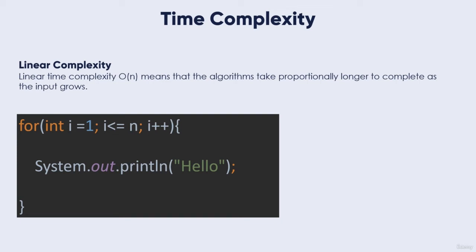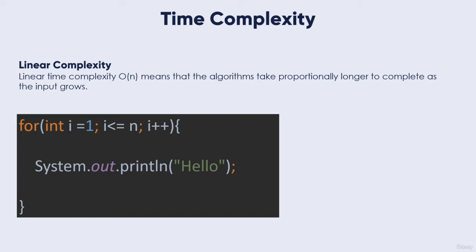So this loop will go from 1 to n. It will be repeated n times. So if I enter n equal to 10, this printing hello will be printed 10 times.